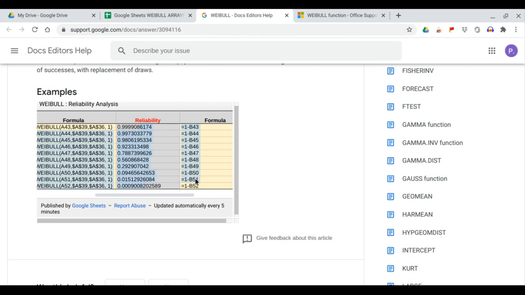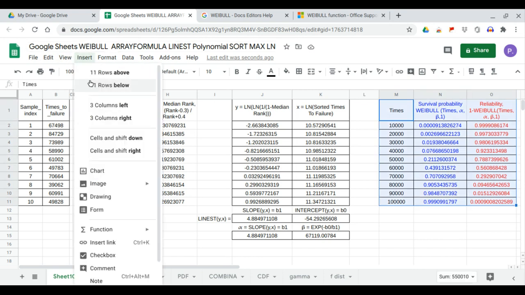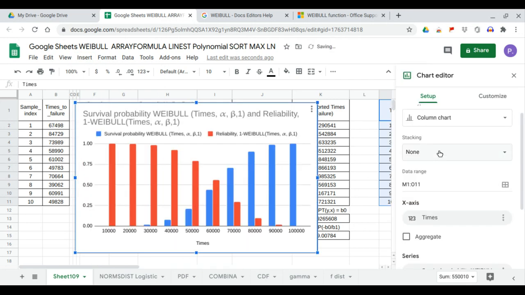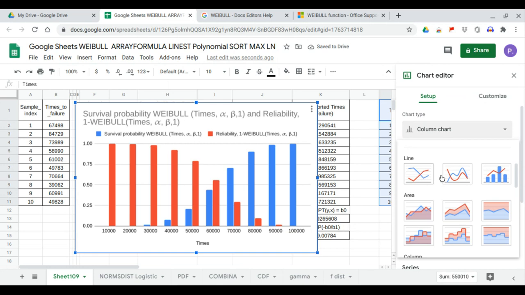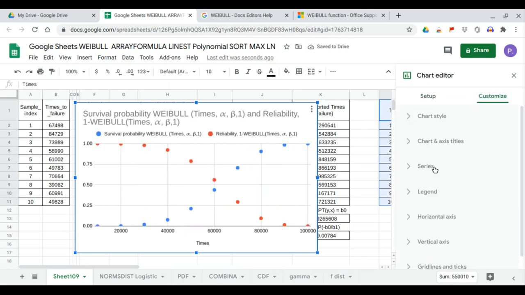Then we can chart this. Insert chart, and we'll use the scatter chart and show the trend line.